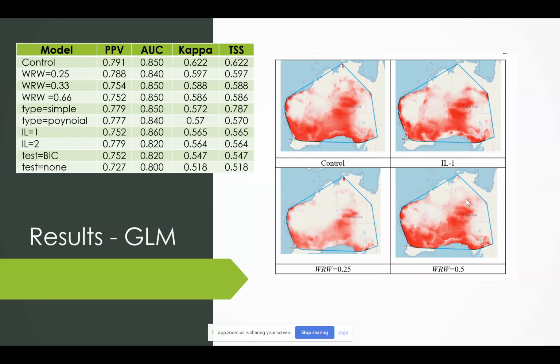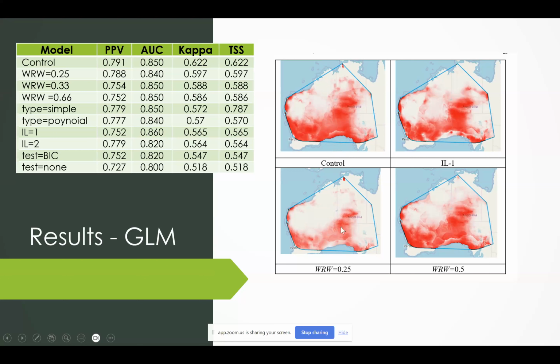For the GLM, it also has similar issues. RL equals 1 has the highest AUC score. However, except for AUC, the control model got the highest scores at PPV, kappa, and TSS.